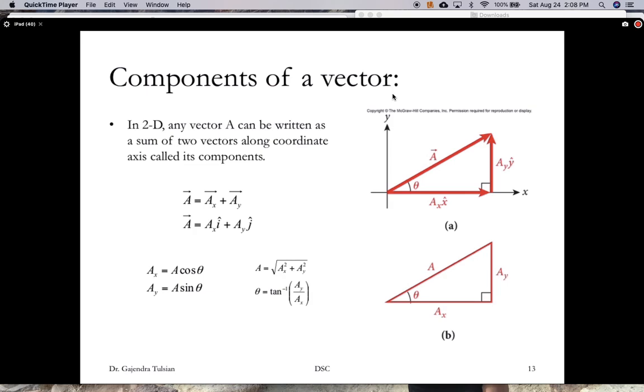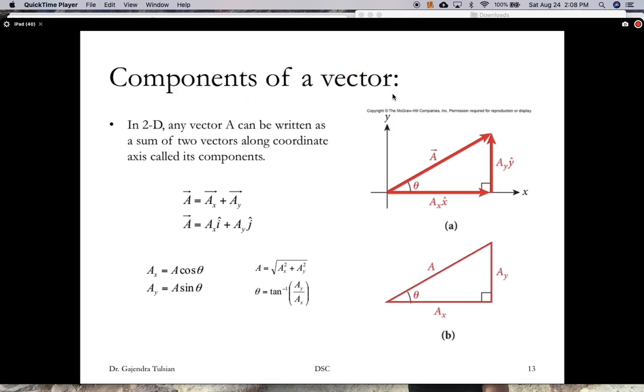So what we did was you learned how to add and subtract vectors graphically, but that's not practical when you want to do calculations. So we will learn how to add vectors algebraically. But before we do that, we need to write components of a vector.